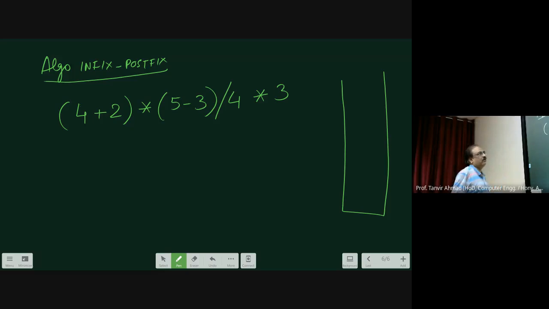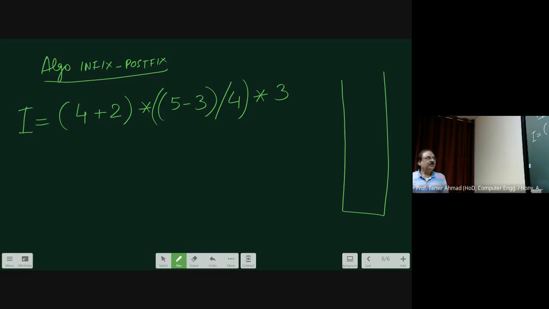Let's take an expression like this. Okay, this is the expression which I am talking about. This is the infix expression. Now this is the correct expression, because you find the brackets are perfectly matching and the operators are between two operands.